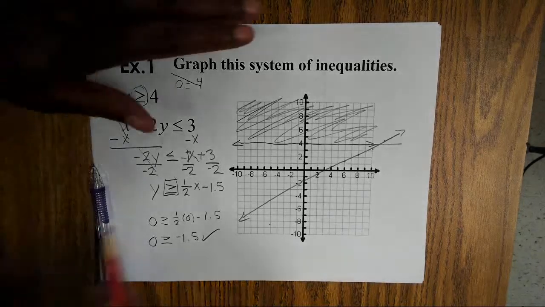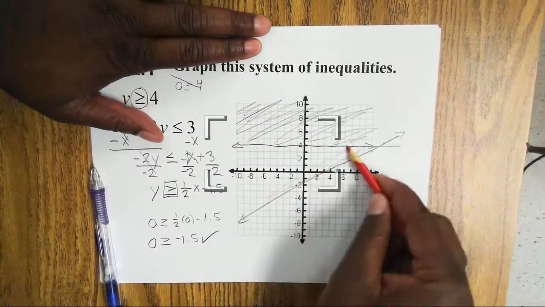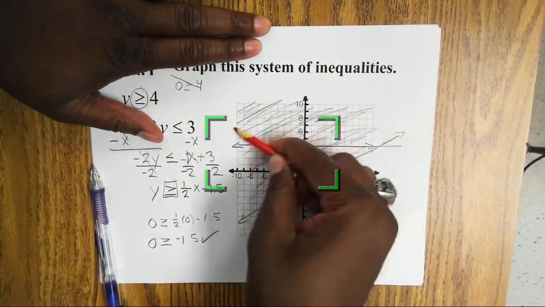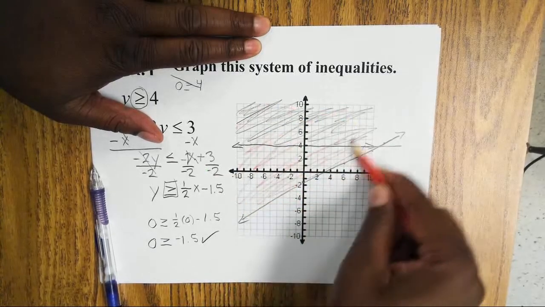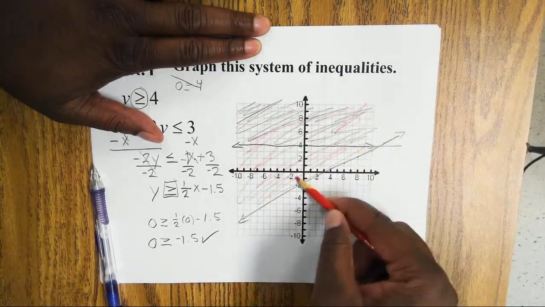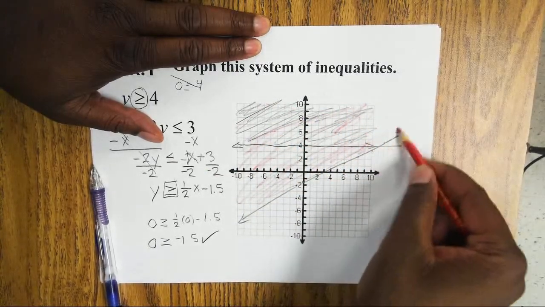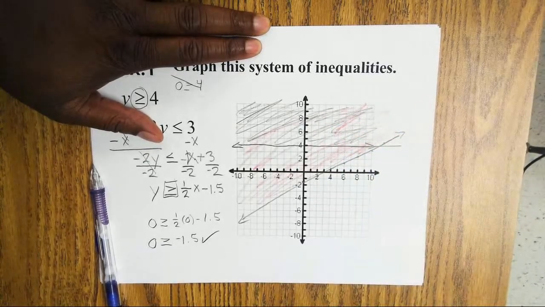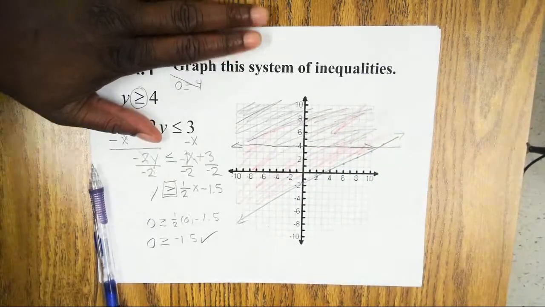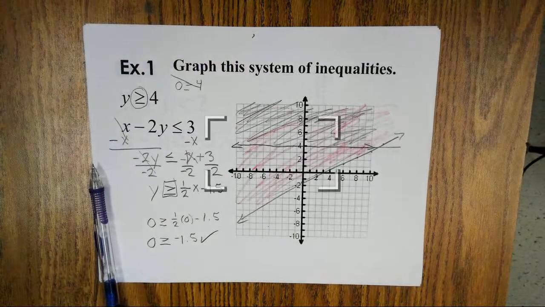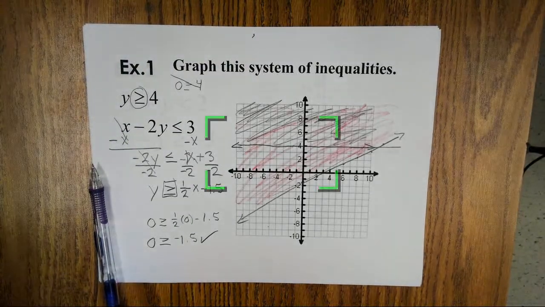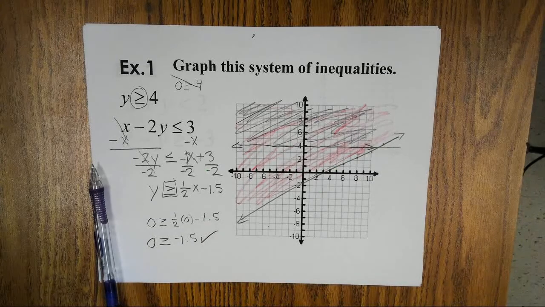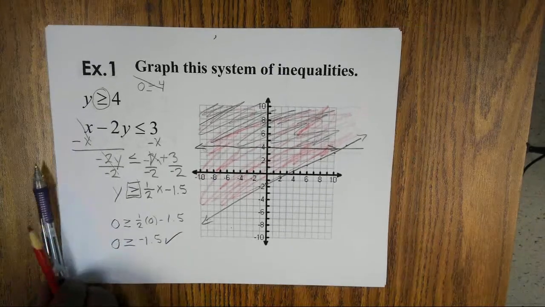And I'm going to have all of this is what I'm shading. And so that would mean that everywhere where you see the pencil shading and the colored pencil shading, that is part of my solution. Okay?